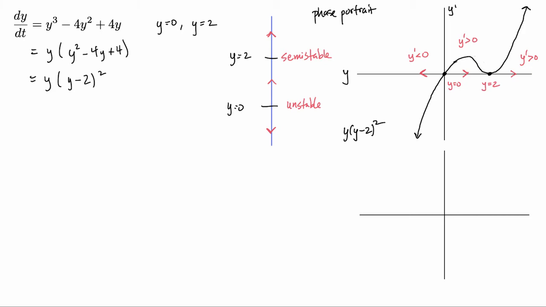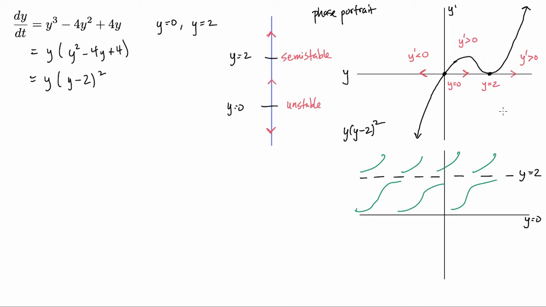All right, what does that mean for the picture of solutions? Well, I'm only going to have 2 critical points, one at y equal to 0 and then one at y equal to 2. So let me draw those horizontal lines in. So there's y equal to 2 and then y equal to 0. And in between these two, we are increasing up to 2. Above 2, we're also increasing. And those shouldn't be curled at the end.